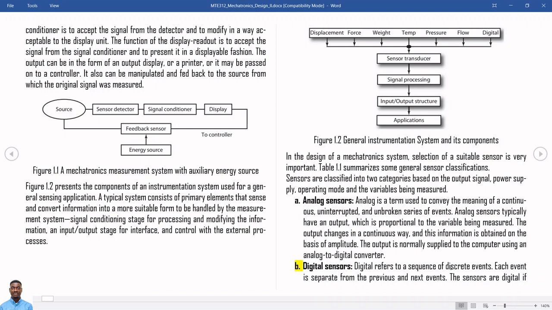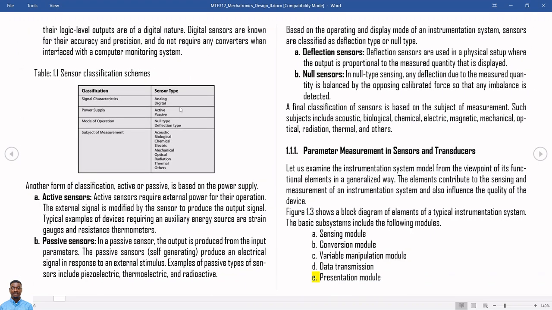So sensors are digital if such a sensor has what we call logic level outputs. So sensors that have logic level outputs are referred to as digital sensors. For instance, let's use your phone battery level meter as an example.